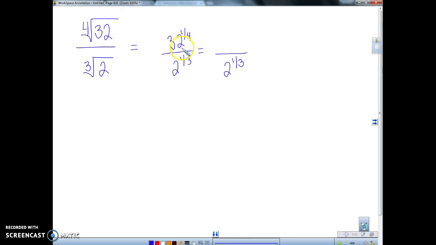We need to rewrite the base here. 32 can be rewritten as 2 to the 5th, raised to the 1/4. So that gives us 2 to the 5/4 divided by 2 to the 1/3. They have the same base, so you can subtract their exponents. 5/4 minus 1/3 is 11/12, so 2 to the 11/12.